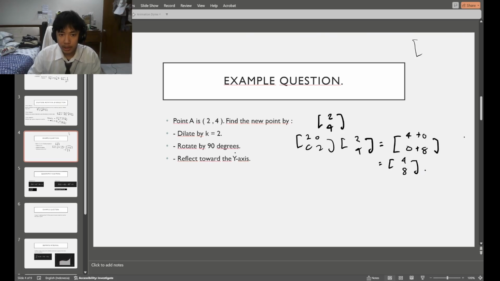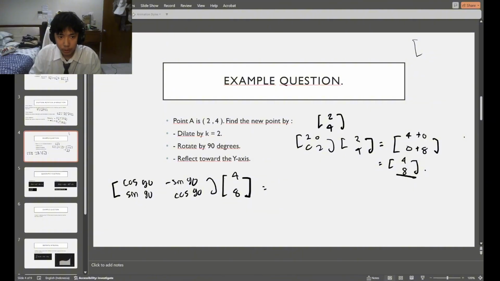Next, we will rotate it by 90 degrees. So first, we will put in cos 90, minus sin 90, sin 90, cos 90, multiplied by 4 comma 8.